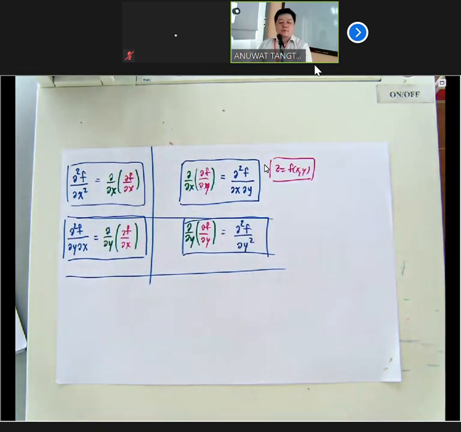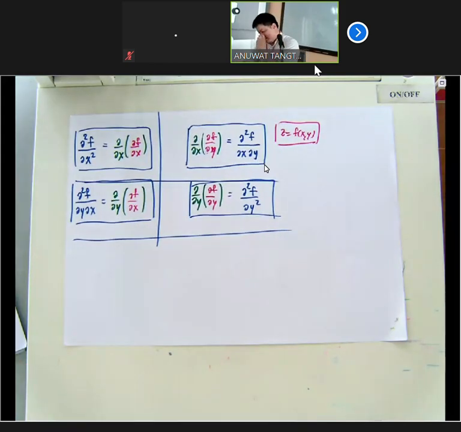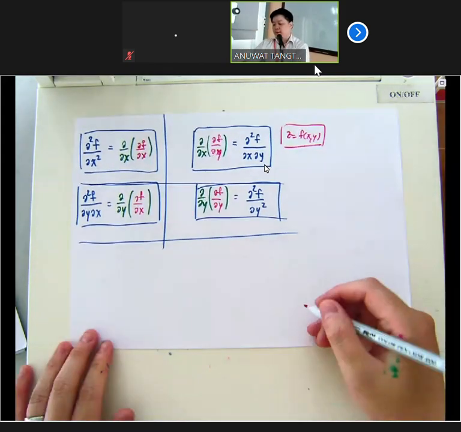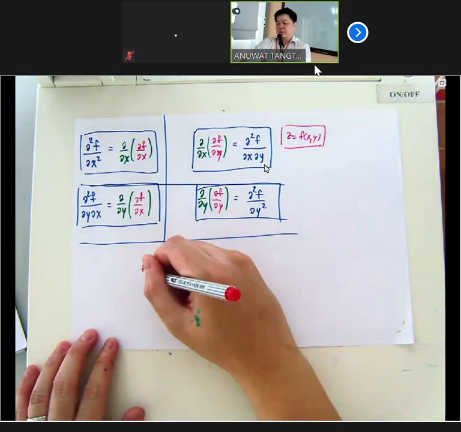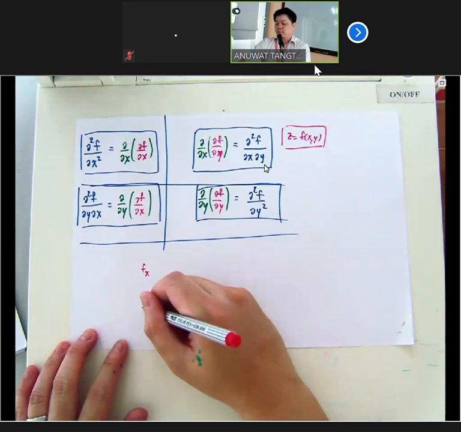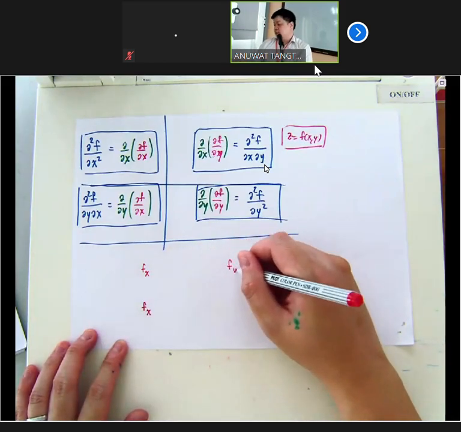And what about if we want to do the subscript notation? Since there are 2 forms of partial derivative, we have subscript notation there.